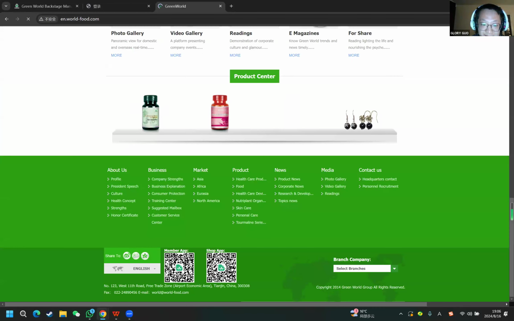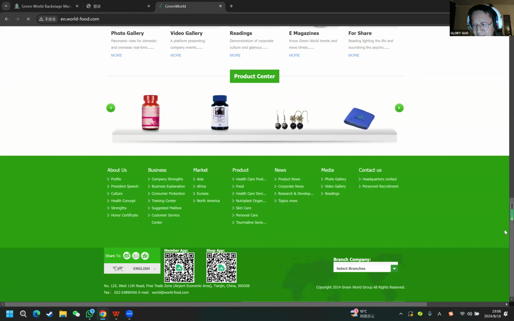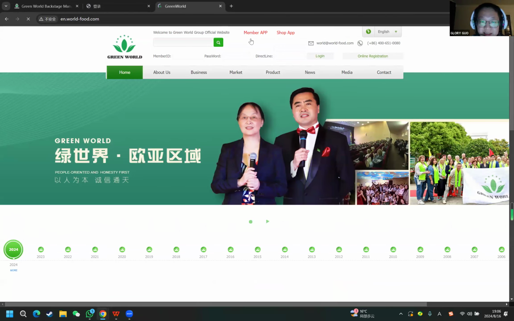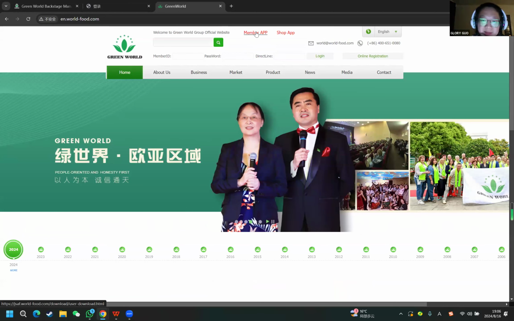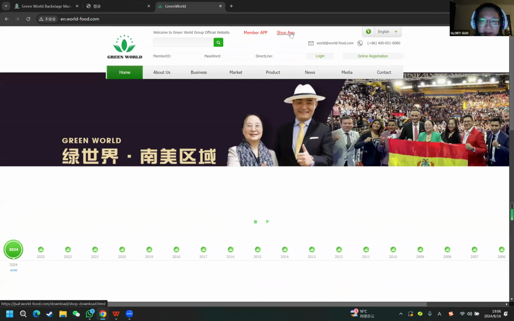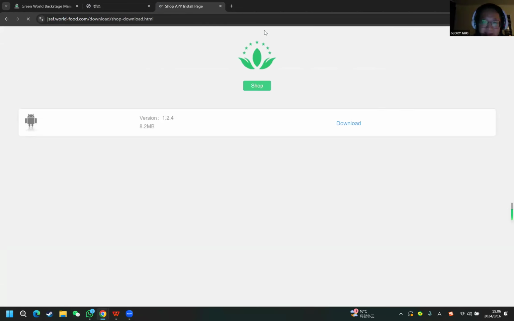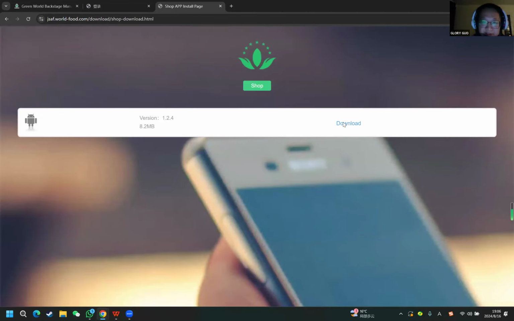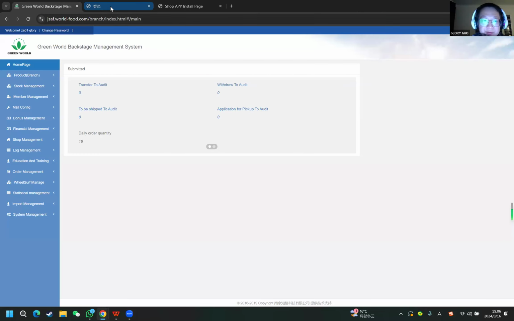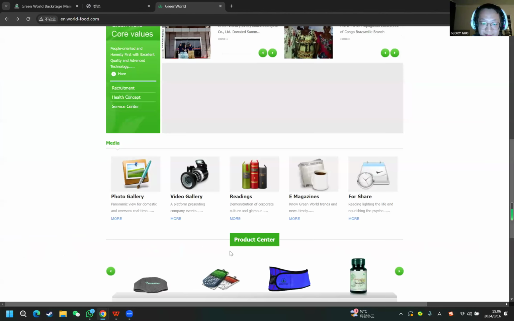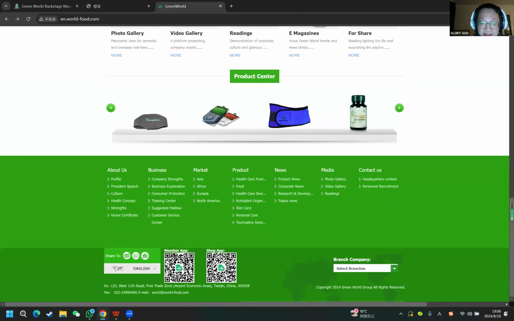This is for the member app, and also this is for the shop app. Also, you can click it from the top of the website. It has also the link here, member app and shop app. When you click it, you will get a link here to download it on your cell phone. Or you can use your phone to scan the QR code at the bottom of the website.